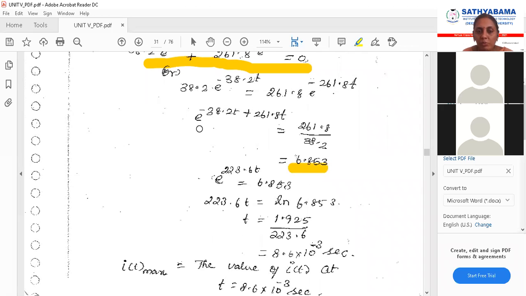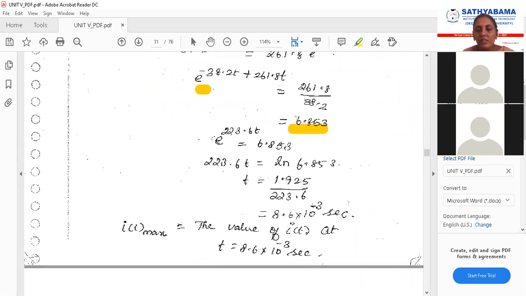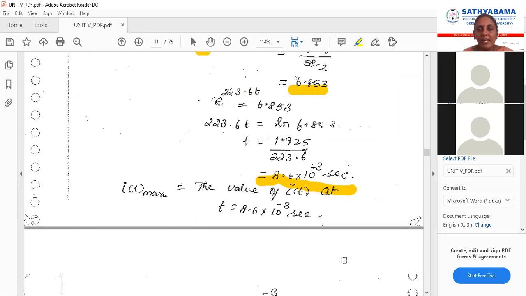To remove the exponential, I have to take a natural logarithm. So taking the natural logarithm, t will be equal to 1.925 divided by 223.6, or this t value will be equal to 8.6 × 10⁻³. This is the time of the maximum value of current. t is equal to 8.6 × 10⁻³ seconds. That's what has been asked in the problem.